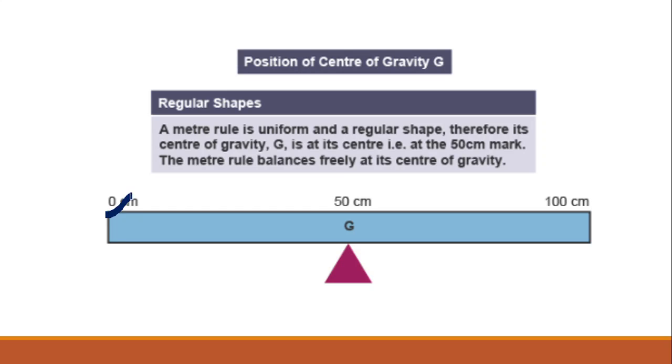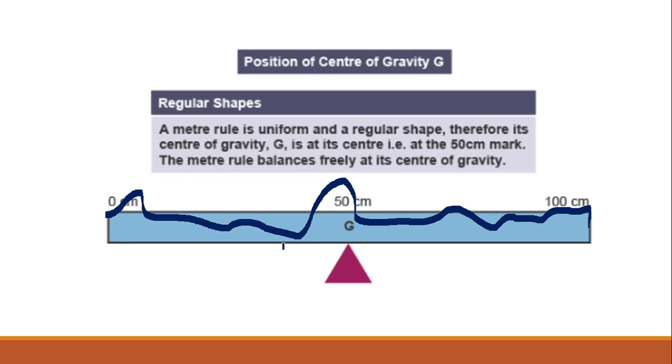What if we have a rule like this, but it is 1 meter long? Well, then we cannot say that its center of mass will be at 50 centimeter. Its center of mass will be somewhere else. We will have to find out through some procedure or experiment.